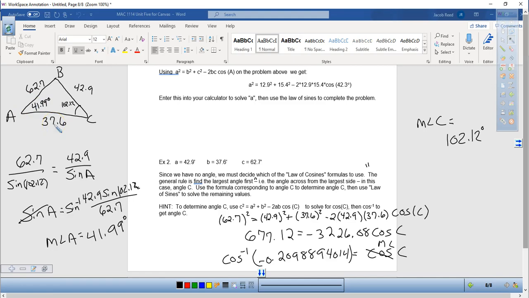And 180 subtract 41.99, subtract 102.12, and we get angle B, which is 35.89 degrees.